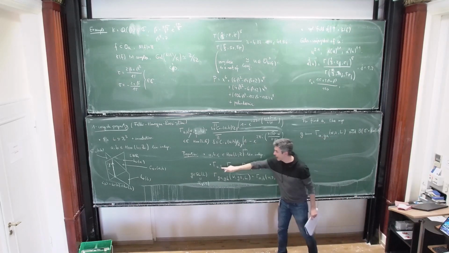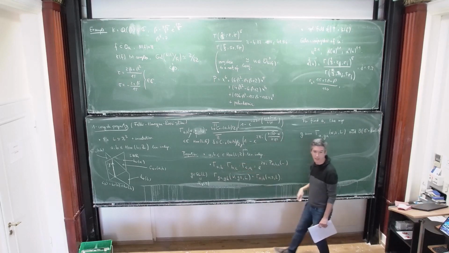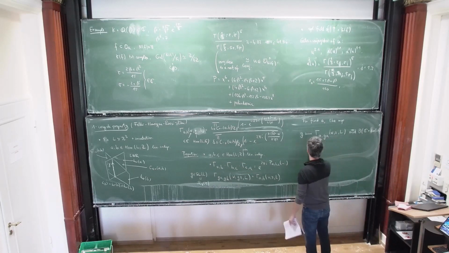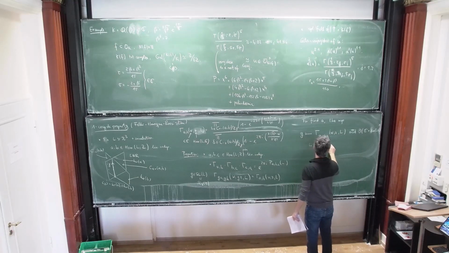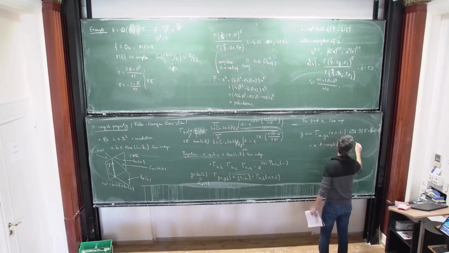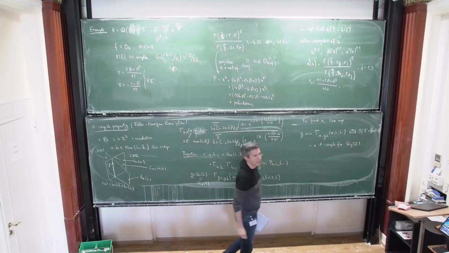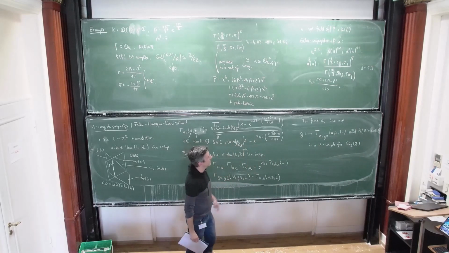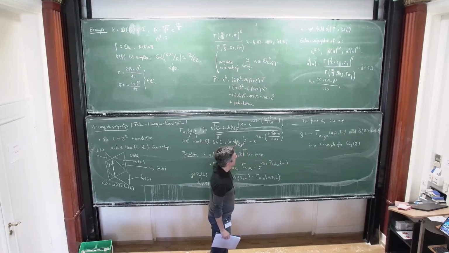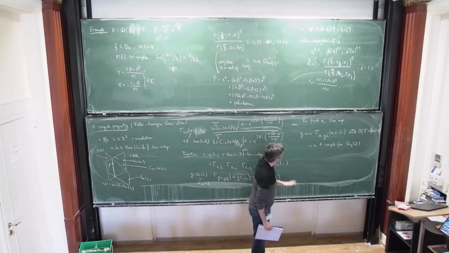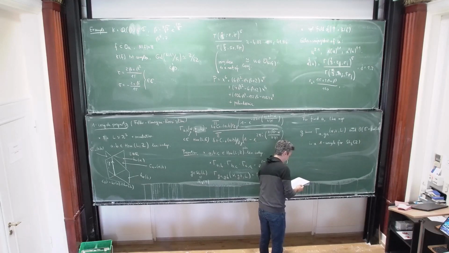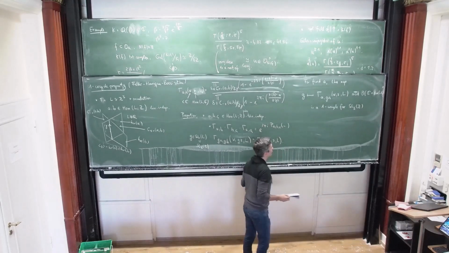And so I have something that looks like a cocycle relation. This function is a 1-cocycle, valued in this space of meromorphic functions of W and Z. Now I can explain the main idea of the definition.